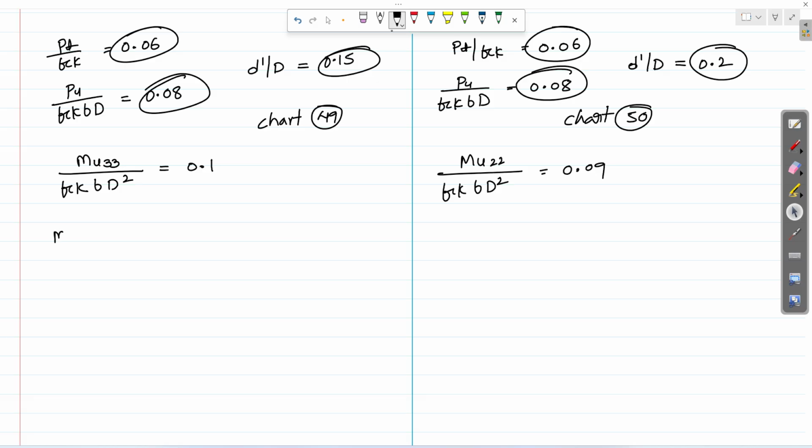Okay. So Mu33, FCK is 25 into B 300 into depth 500 square equals 0.1. So here Mu22 divided by 25 into 300 into 500 square will be 0.09.